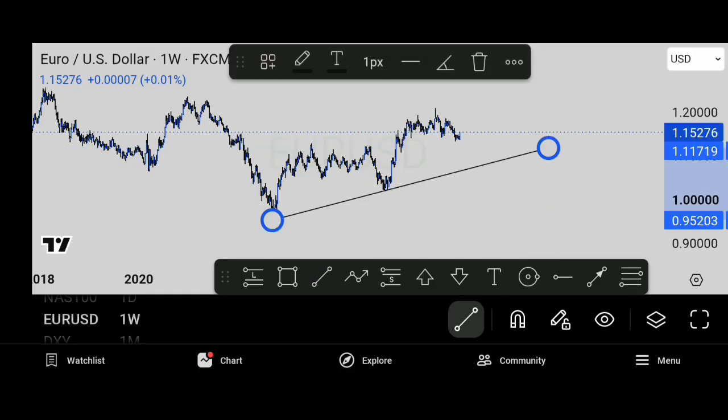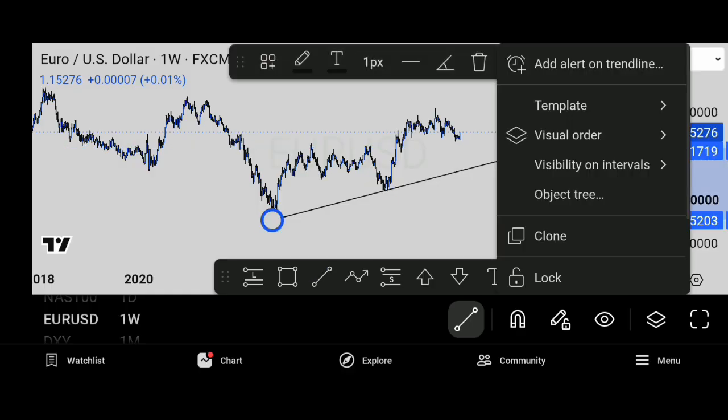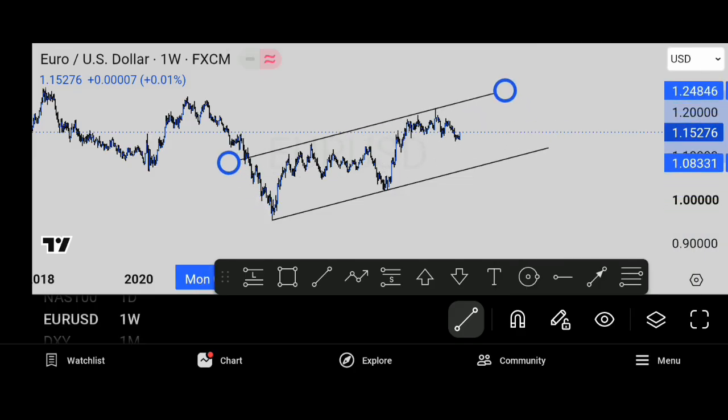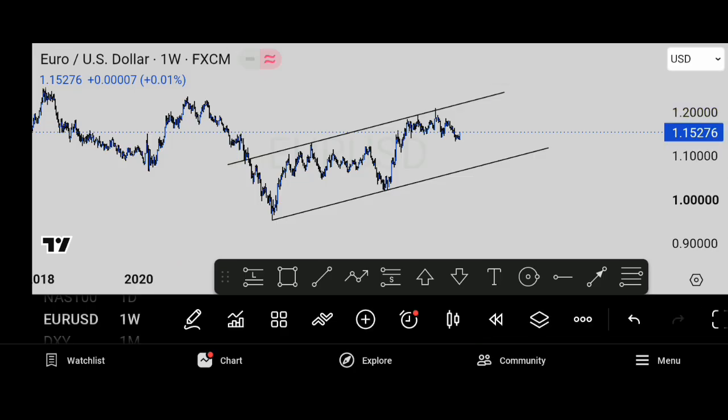So remember, on the higher time frame, on the monthly time frame, we are in a bearish trend, right? So that means that we will be only looking for selling opportunities, right?